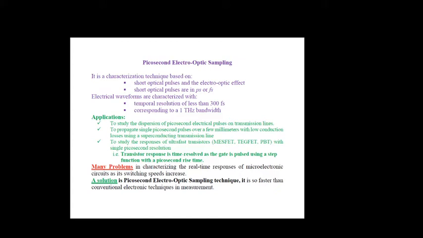Using a superconducting transmission line, it has recently been shown that conduction losses can be defeated, and a single picosecond pulse is propagated over a few millimeters. So that is a recent development.